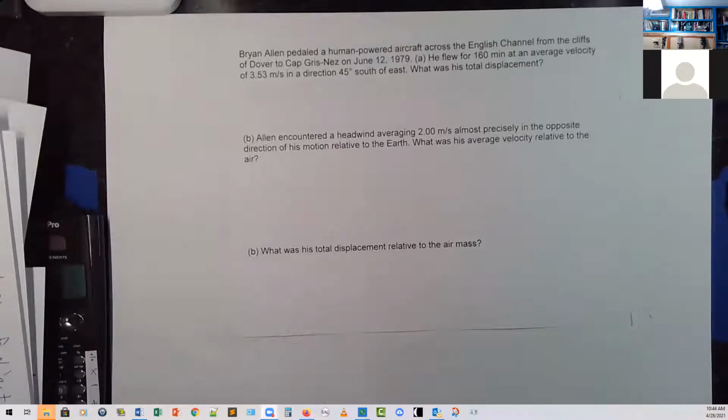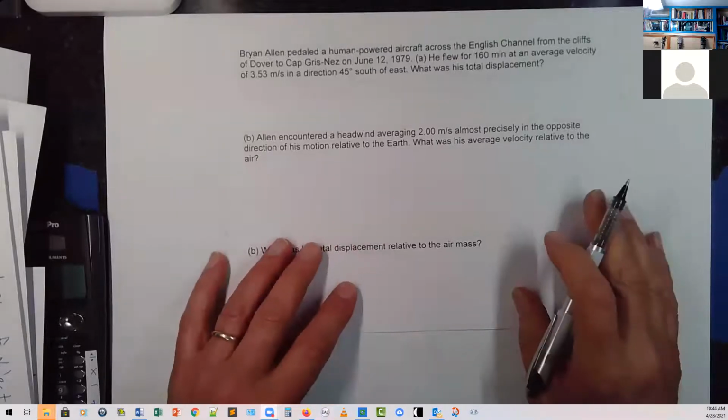If they're flying through the air, their velocity with respect to the ground is equal to their velocity with respect to the air plus the velocity of the air with respect to the ground. And so you can end up with complicated things happening in that case.